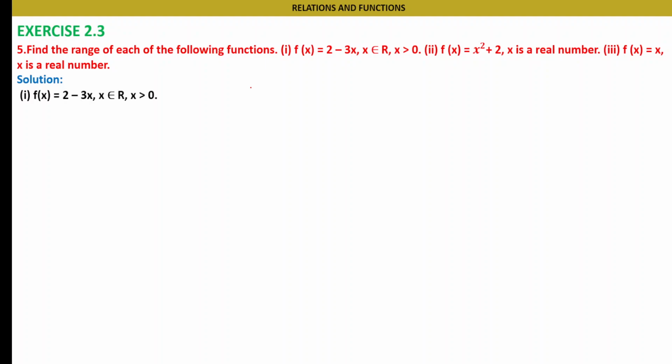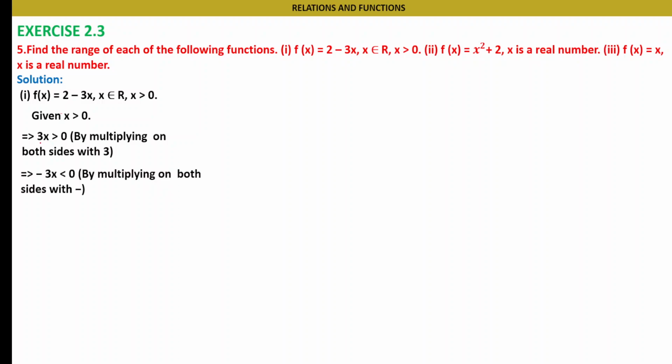Solution. f of x is equal to 2 minus 3x, x belongs to R, x greater than 0. Given x is greater than 0 in this. Then, when we multiply both sides with 3, 3x is greater than 0.